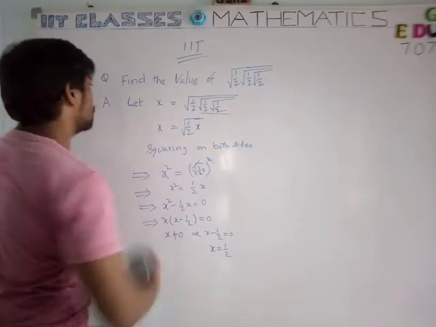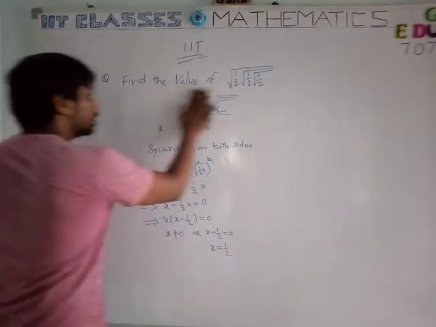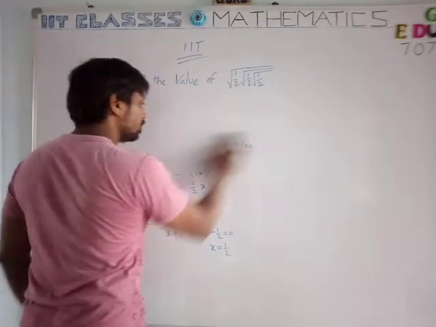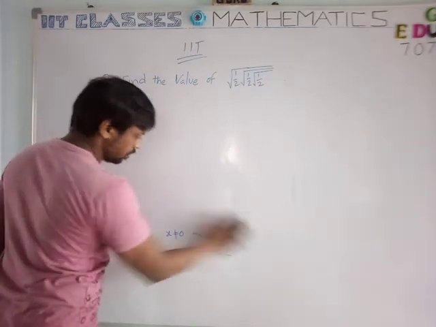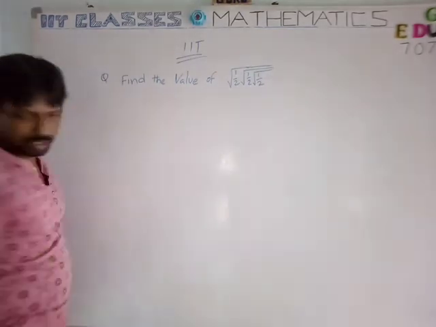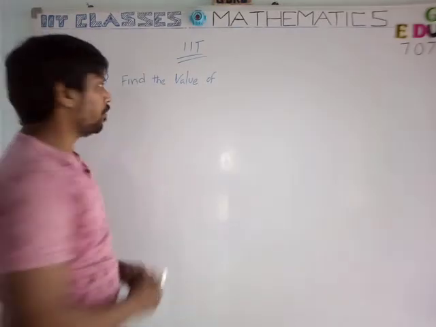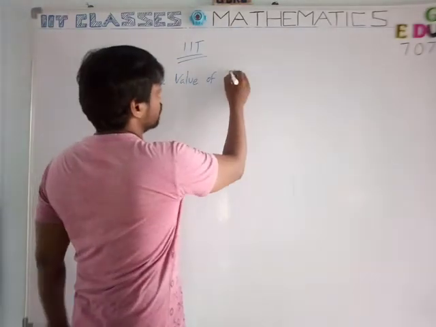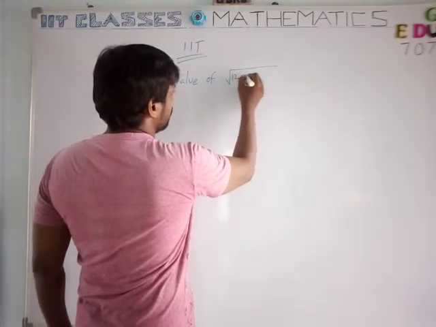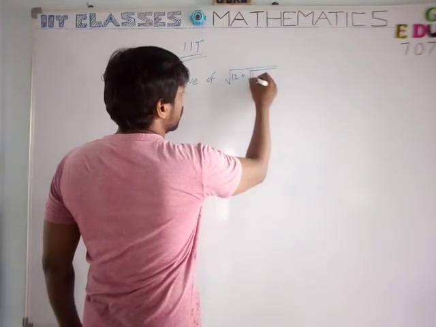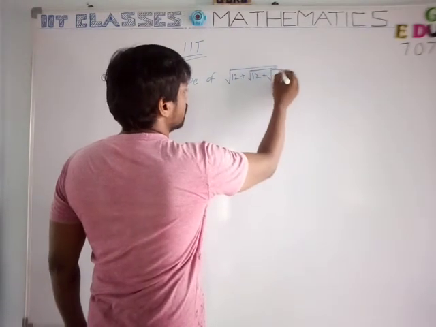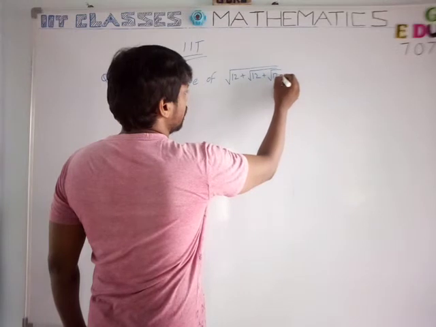Next one. Find the value of root over 12 plus root over 12 plus root over 12 plus and so on.